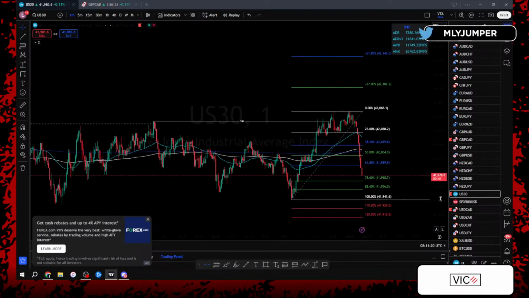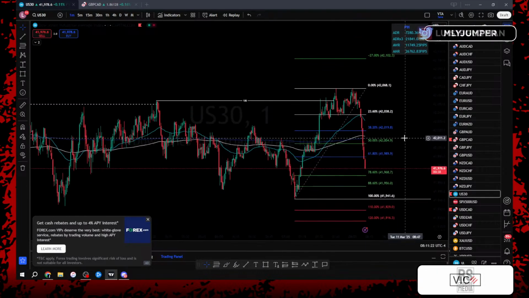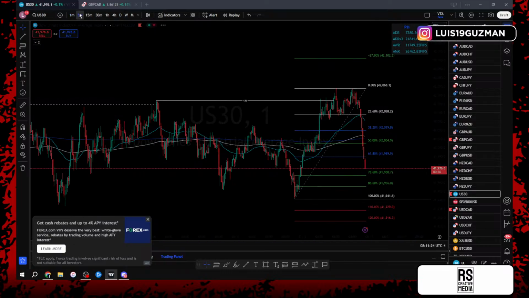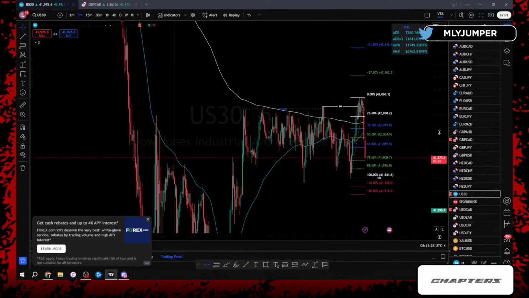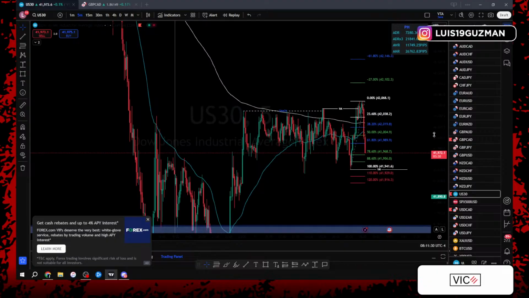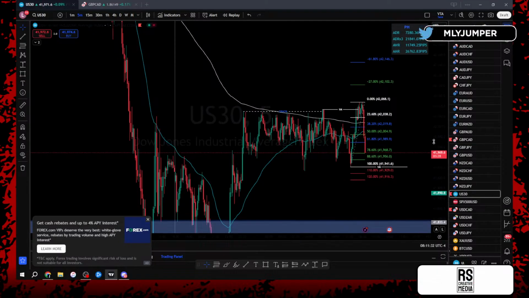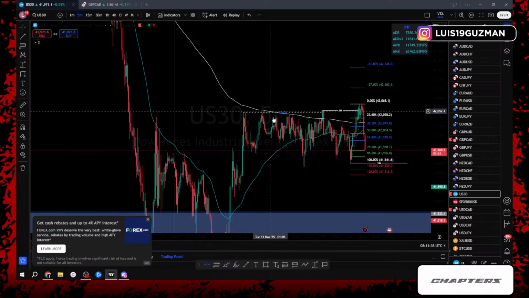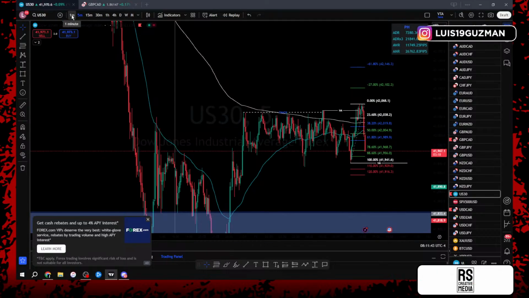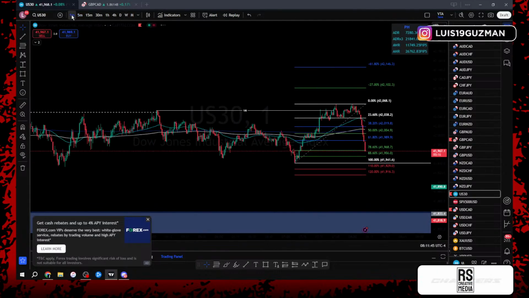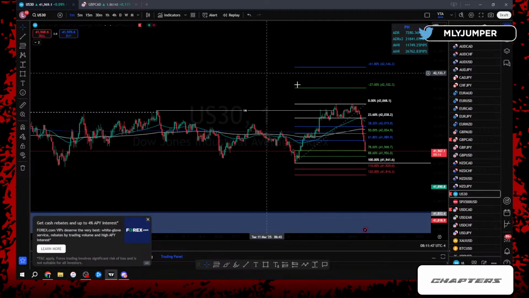If all I have is just a 50% retracement with nothing else connected to it, then it's a very low probability choice. Before I get a 50% retracement, I want to see a valid break of structure. For example, on US 30 right now, we're in a zone of consolidation. We never got a valid break of the zone of consolidation. So I wouldn't be looking to take this trade right now, just off of the 50% retracement.